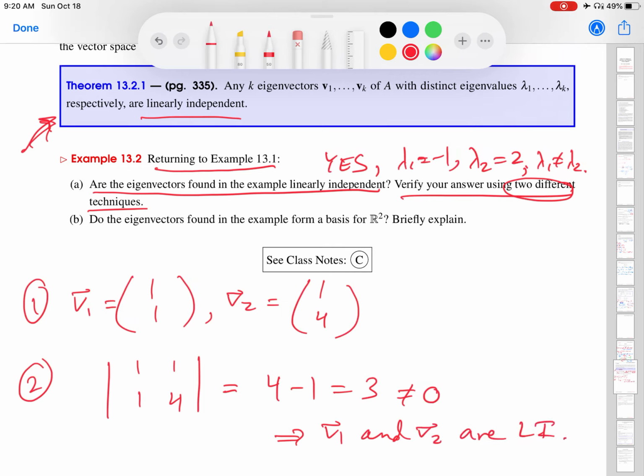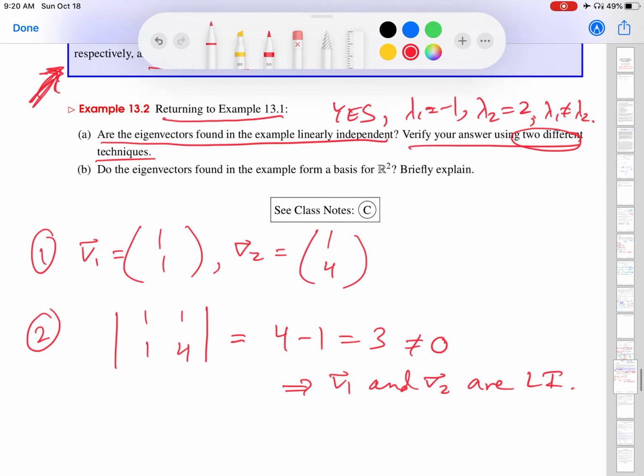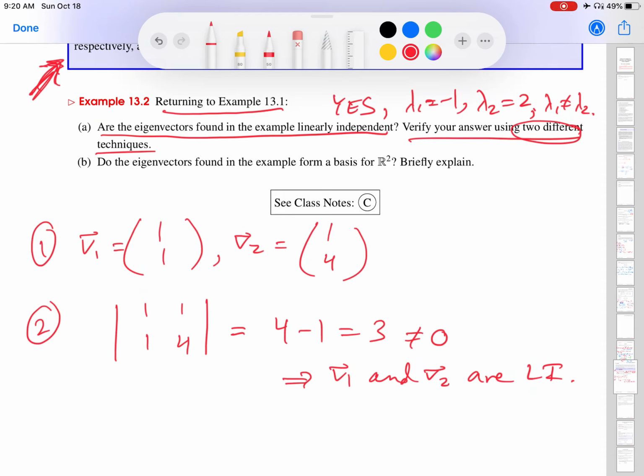So that's another quick way to verify that these vectors are linearly independent without having to know that they're eigenvectors or the eigenvalues they came from, and without having to remember this theorem. So that's a second way. A third way would be the usual linear independence definition, right? So we won't do that here. Just wanted to remind you of that condition.